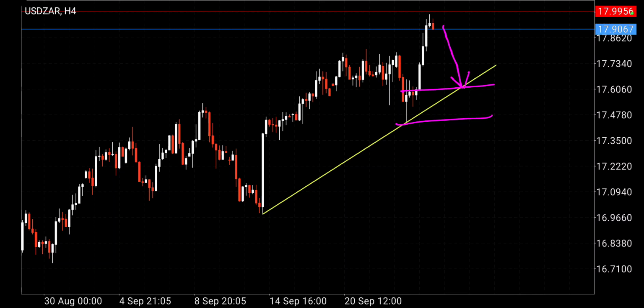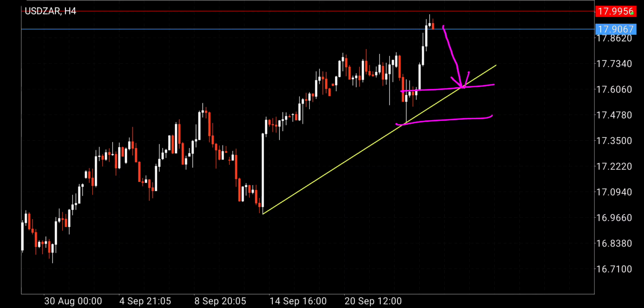I said this has higher chances of dropping towards 17.2, but it doesn't have to happen now. It can still push up, maybe reach 18.1, where it's going to touch that weekly resistance and daily resistance, and then it starts dropping.